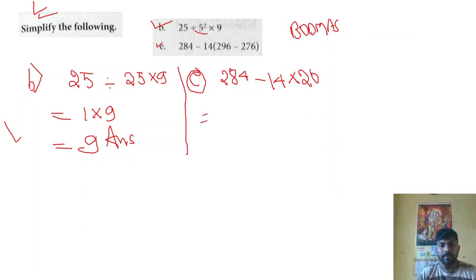Now after the bracket we proceed with the multiplication. So 284 minus 14 into 20, it is coming as 280. After that we will do the simple subtraction. So 284 minus 280, the simple answer is coming 4. So 4 will be the answer.